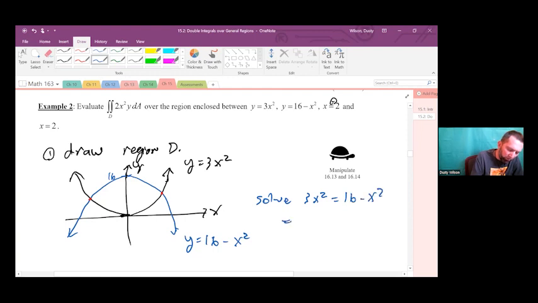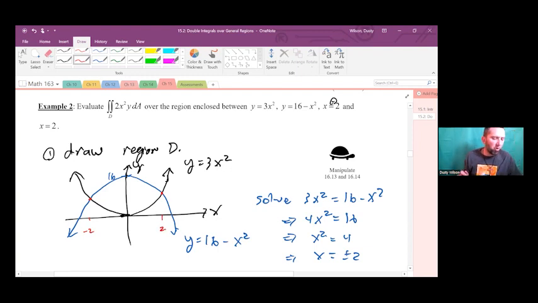So 4x squared equals 16. x squared equals 4. x equals plus or minus 2. So here we are at minus 2, and here we are at positive 2. And so our region is enclosed between these two critters, and so it looks like our region is, not surprisingly, the football-shaped region in the middle.